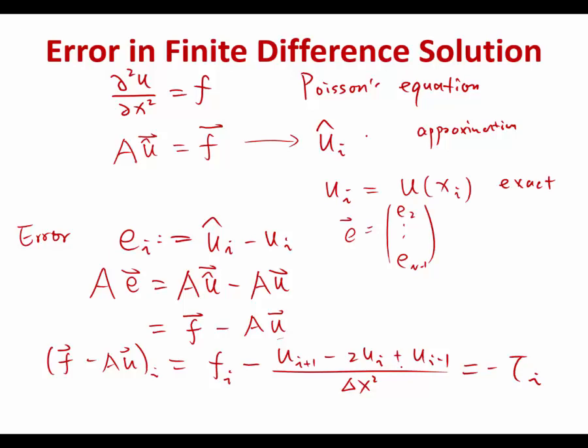And the analytical second-order derivative of u is equal to f. And that f cancels with this f. So this is just the truncation error. Agree? Does anybody have questions on that?